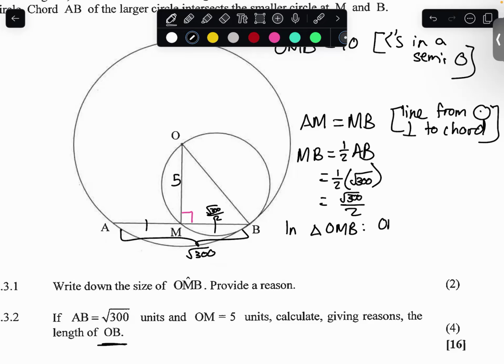I'm going to go OB squared is equal to 5 squared plus the root of 300 over 2 squared. I'm not going to forget my reason. It's Pythagoras, right? That gives me OB squared is equal to 5 squared is 25, plus 300 over 4.